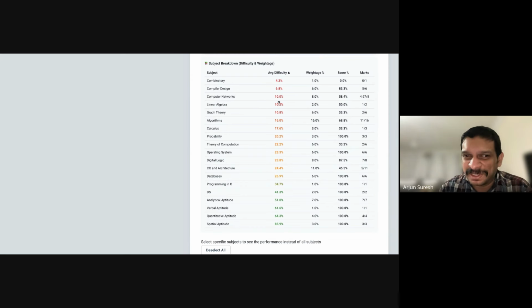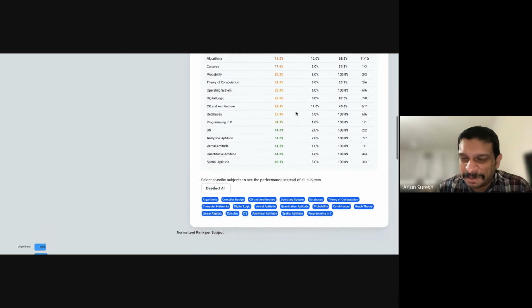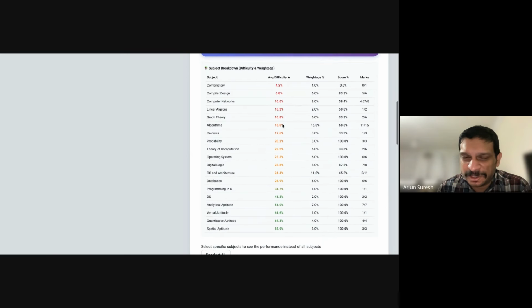So if we include their data also here, the difficulty will actually go up. But just a quick look at this will tell you how you can see the average difficulty and where you stand.